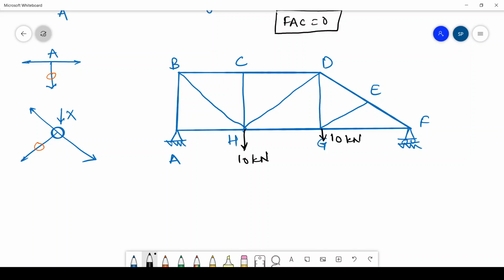Right? If you see here this particular joint C, if we consider joint C, what is happening there? There is member force along CB, member force along CD and member force along CH.